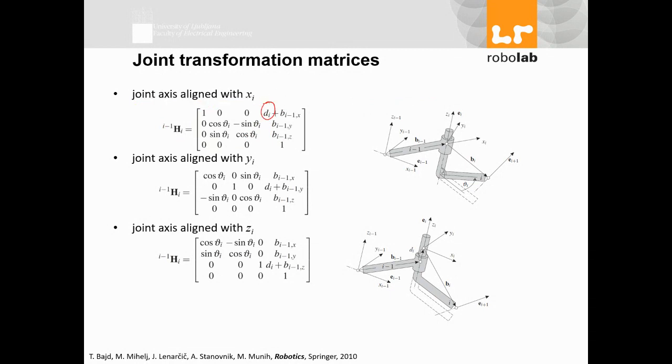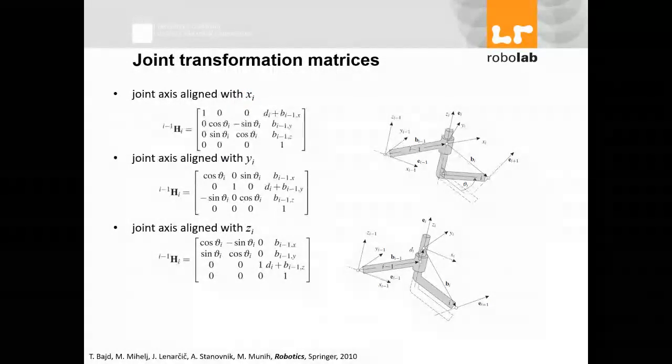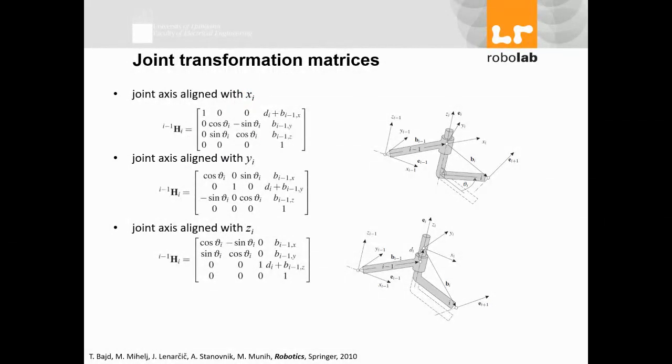That's why you have your d_i here. And since you are aligned with x, your e is on x, so your rotation will be around x as well. So here, rotation is around x, and your variable translational movement is alongside x. Other changes, the physical shape, come in as b parameters.